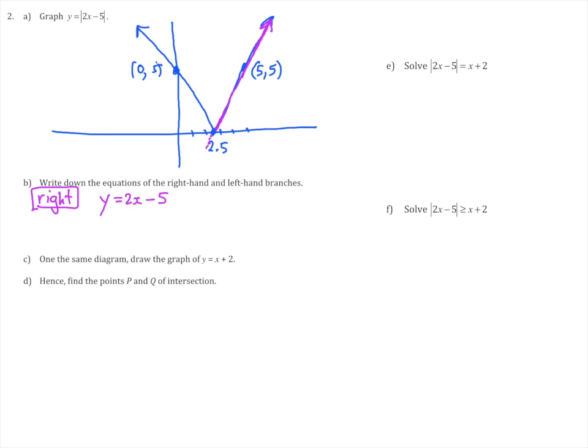We don't actually worry about this part of the line, so we're only graphing y equals 2x take 5, and we're graphing it for x's to the right of and including 2.5. For the left-hand branch, that's this one here, in green, well, that's the line y equals minus 2x plus 5.